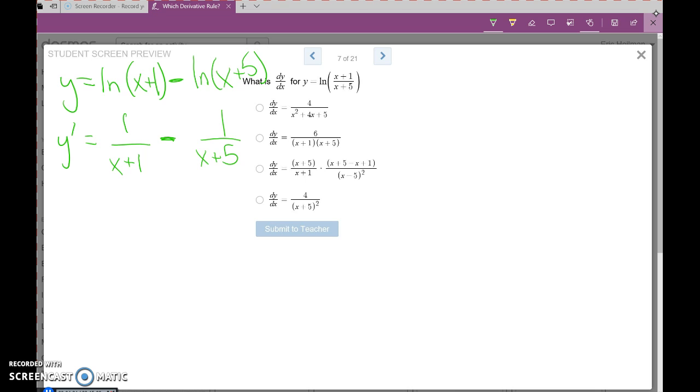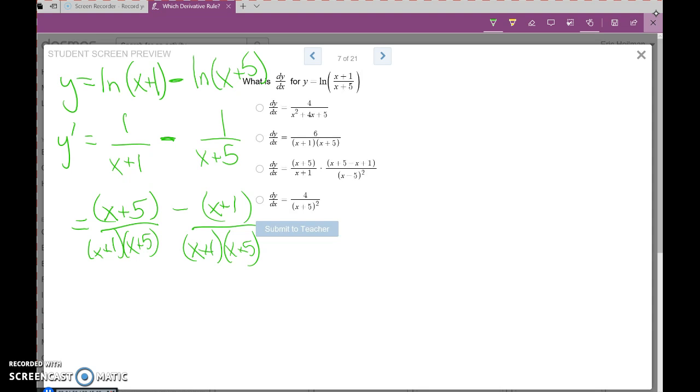So when I look at the answer choices, most of them are combined into a single fraction. So I'm going to make a least common denominator. The common denominator is x plus 1 times x plus 5.